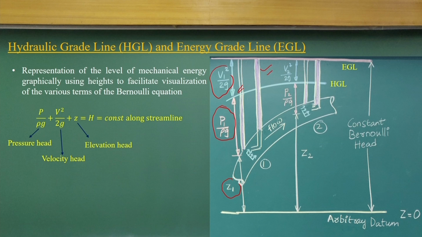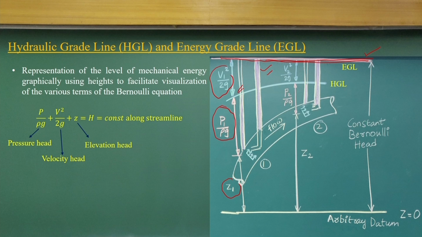So there should always be a flow from higher energy to lower energy. This case is not appropriate, there should be a gradient of the energy gradient line, otherwise it is not possible to have a flow. If there is a flat energy gradient line, there will be no flow. There is no flow when you have a constant energy gradient, when there is no slope of the energy gradient line.